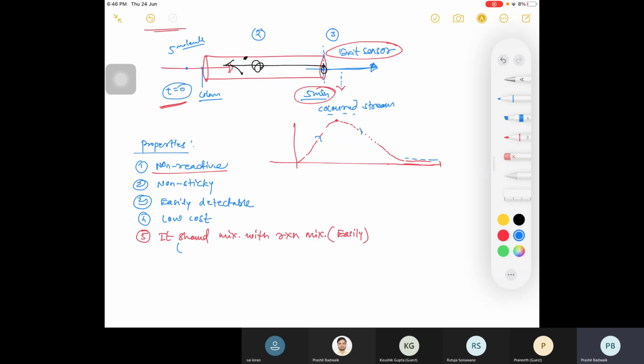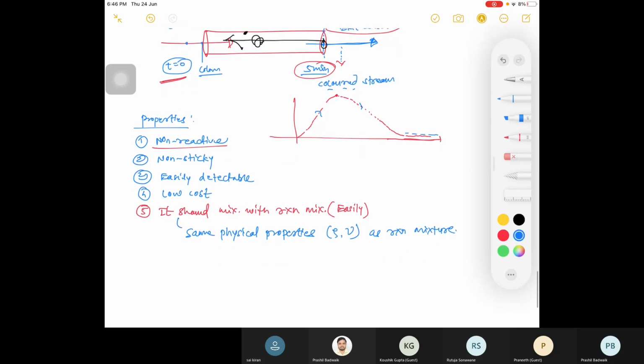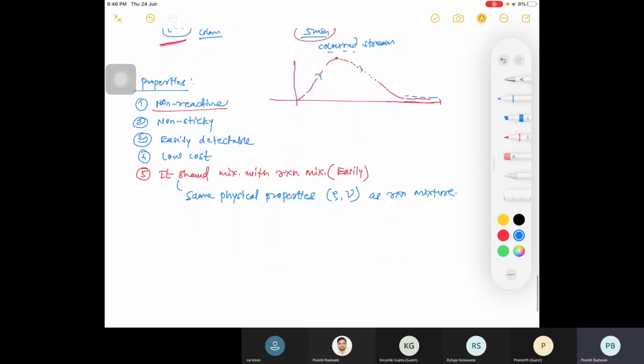That means it should have the same physical properties, density and viscosity, should be the same, right? Same physical properties as the reaction mixture. Okay, so this is about your tracer.